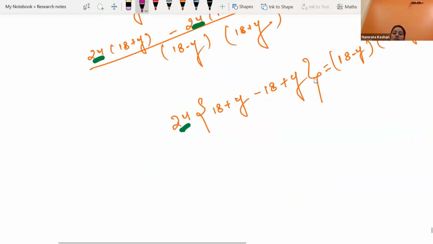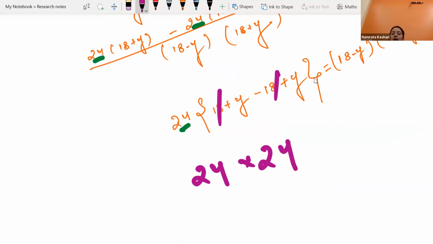So we are having 24, 18 gone, and we are having 2y along with that. And here, a square minus b square looks like the formula. If you apply the distributive property, you will reach the same place, but it looks like a formula, a minus b, a plus b. So we'll be using a square minus b square.